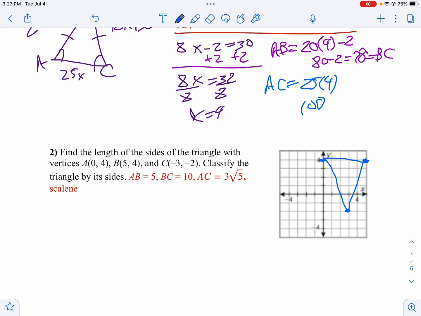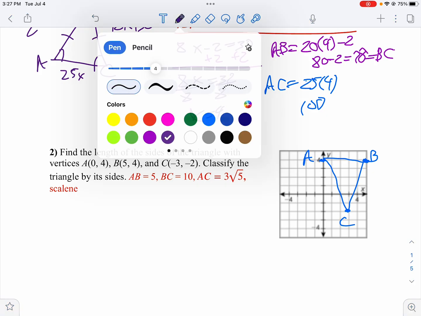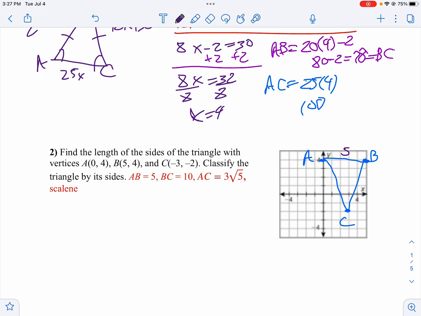So let's start with A to B. In fact, let me write it down here. Now, you don't have to do any algebraic calculations for A to B because notice that's a horizontal line. I'm going from 0 to 5, so I know the length of A to B is 5.